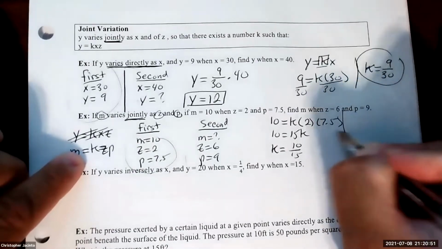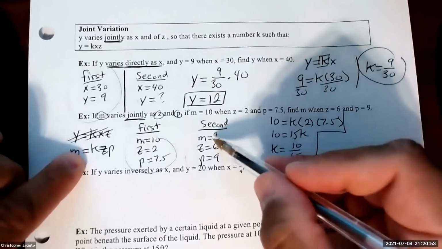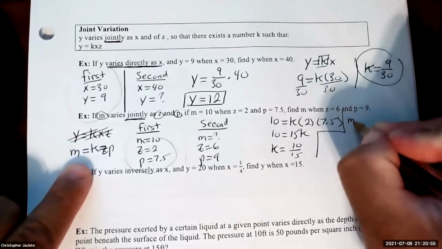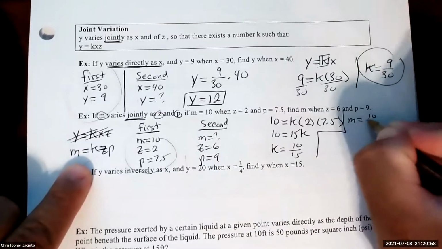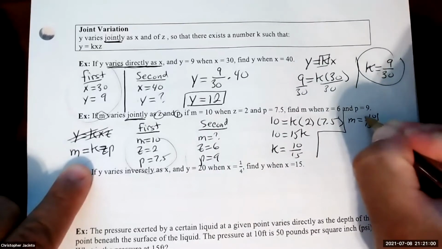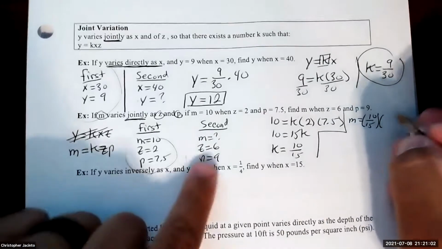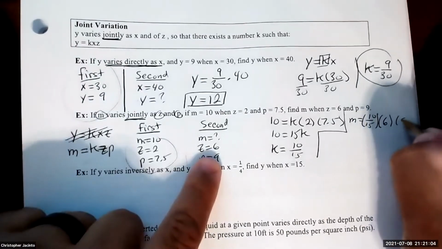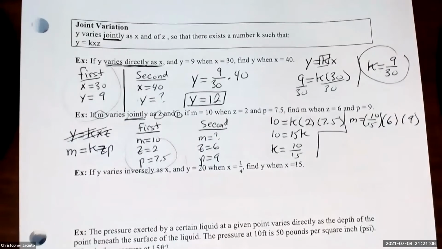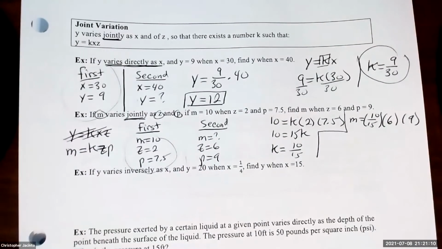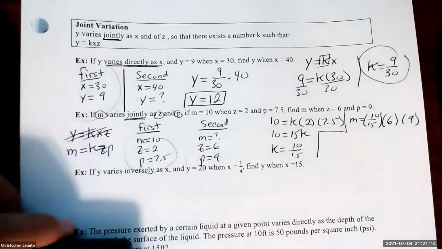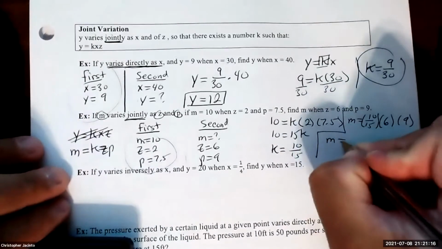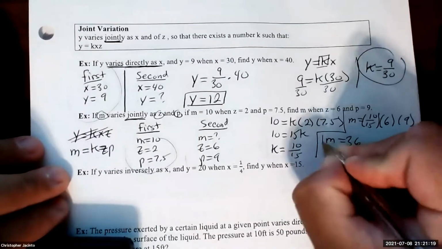Okay. And now we use this one, so we're looking for m. So m equals 10 over 15 times 6 times 9. So again, just like last time, multiply and divide. So 10 times 6 times 9 divided by 15. So m is going to equal 36.